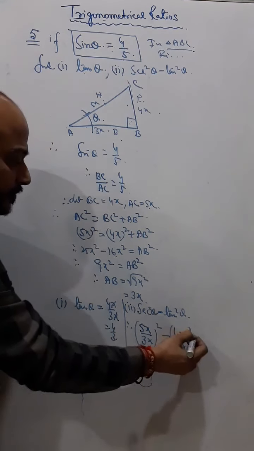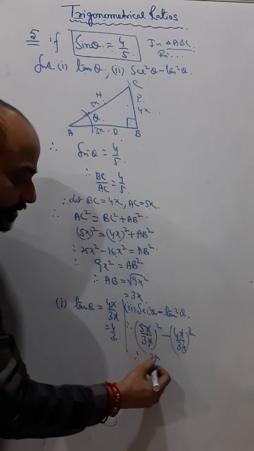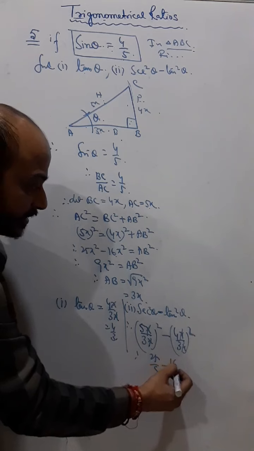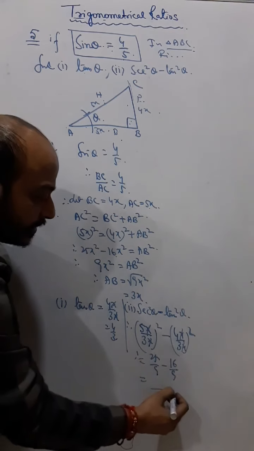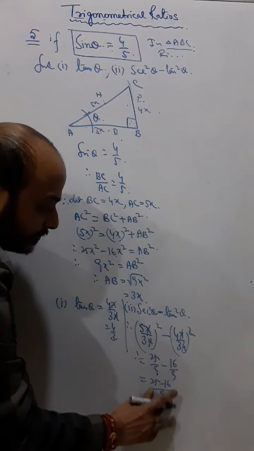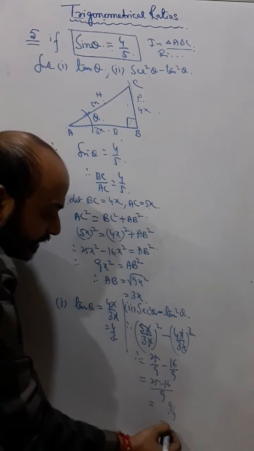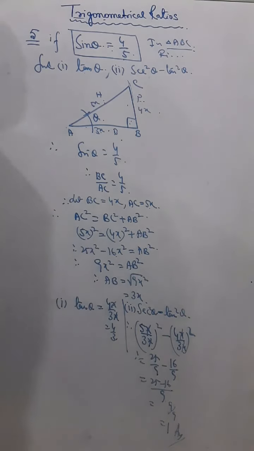Now you know how to solve. So 25 by 9 minus 16 by 9. You get 25 minus 16 as 9 by 9, and the answer is 1. Okay, understand?